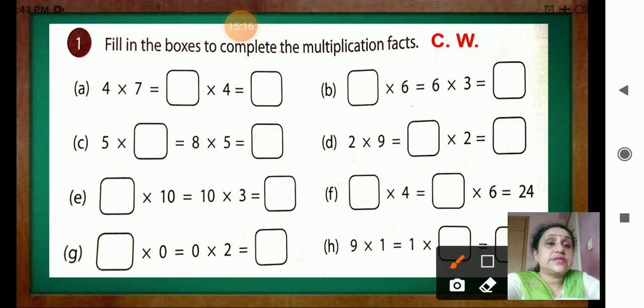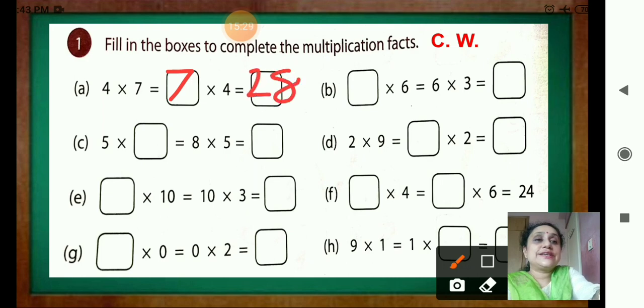So 4 sevens are, just now we did in multiplication facts. So what will you write here? You have to write 7 fours are 28. Got it? You just have to change the order.